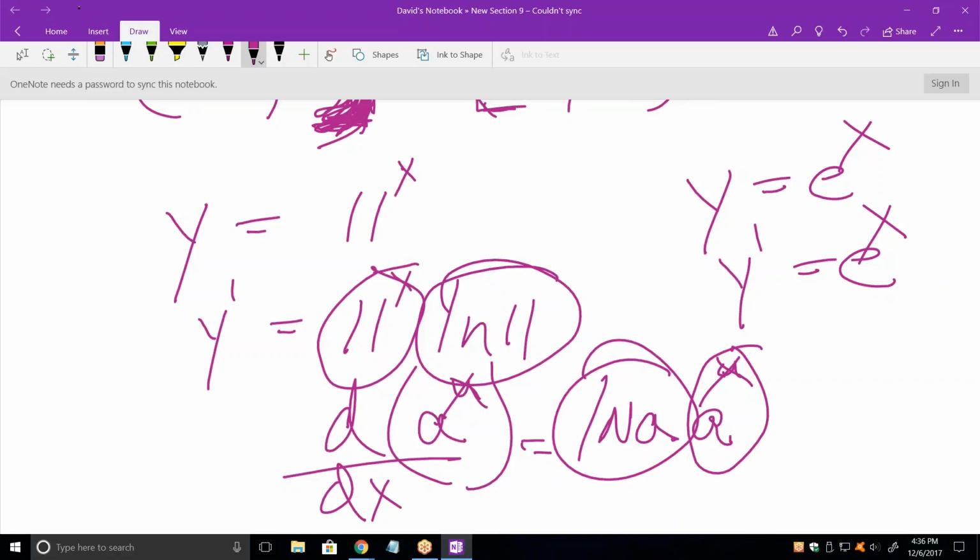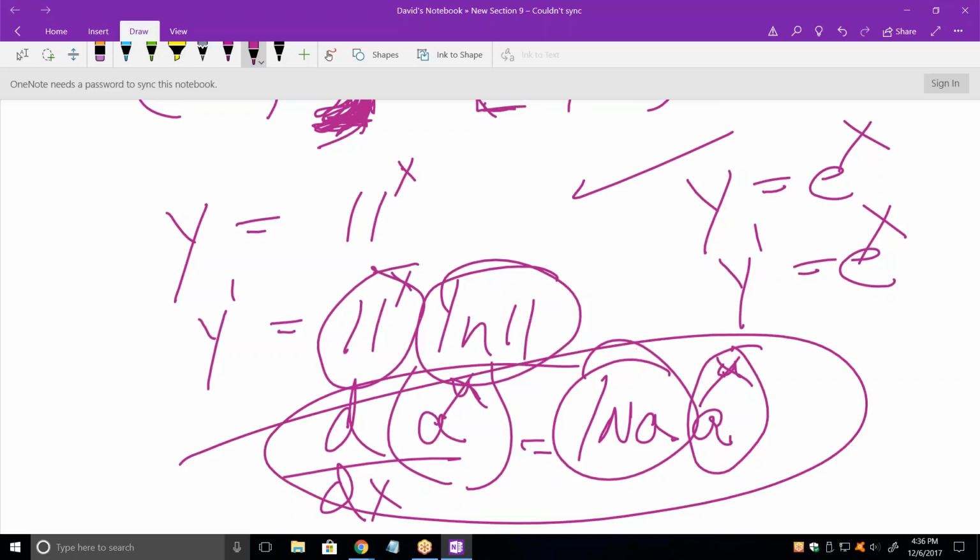And in fact, that works even on the e to the x, because the natural log of e is 1. So it's just 1 times. Yeah. So this is actually the general formula for all exponential functions. Whenever your variable is in the exponent, you can use this formula. It's natural log of the base times the base to the x power. Okay.